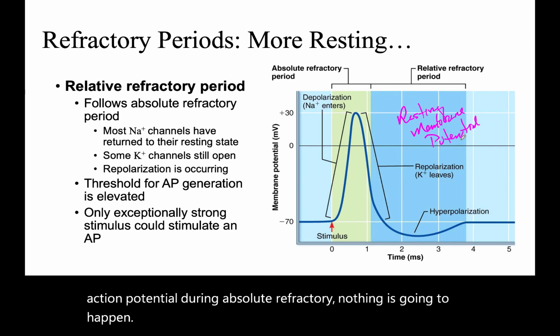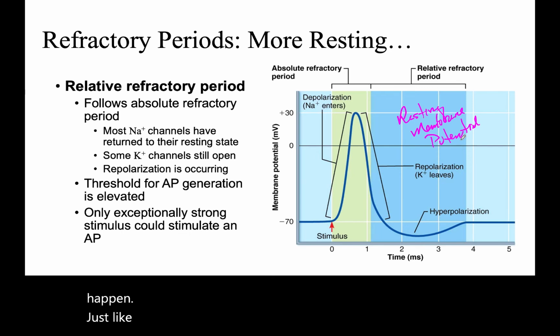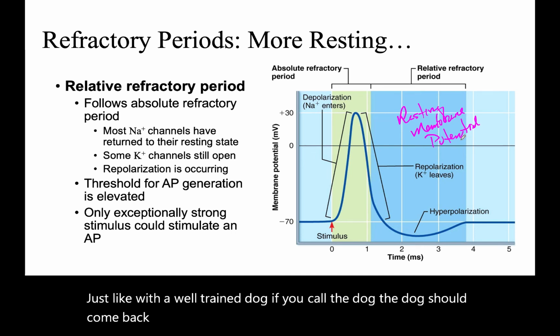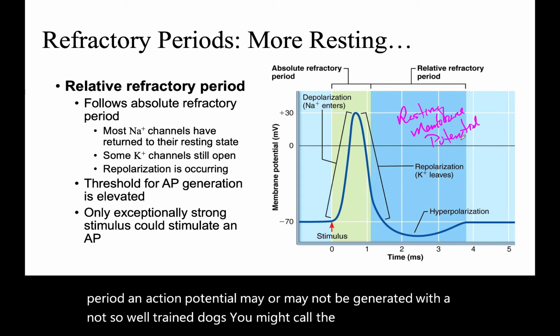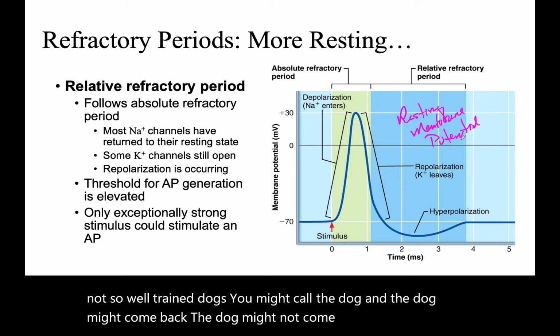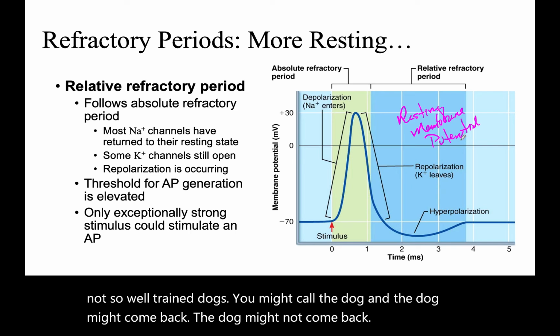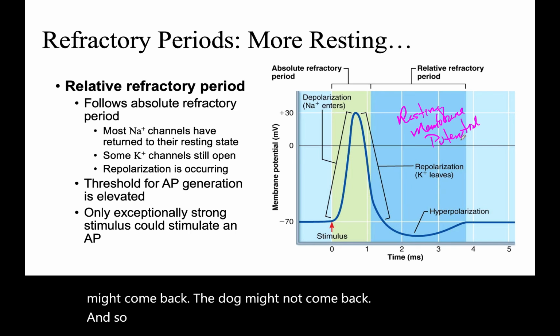But within a relative refractory period, an action potential may or may not be generated. With a not so well-trained dog, you might call the dog, and the dog might come back, the dog might not come back. And so that's really the difference there. So don't lose sight of that.